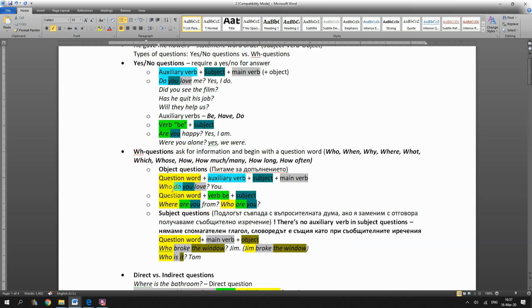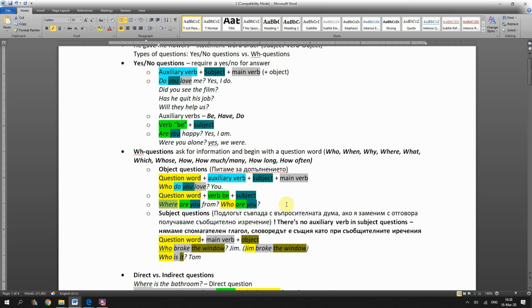everything. So, for example, do you love me? I can add who: who do you love? And then it becomes a question with a WH word. I can ask the question, are you from Bulgaria? Yes, I am. This is a yes or no question. But if I put where in front of are you, I can ask, where are you from?